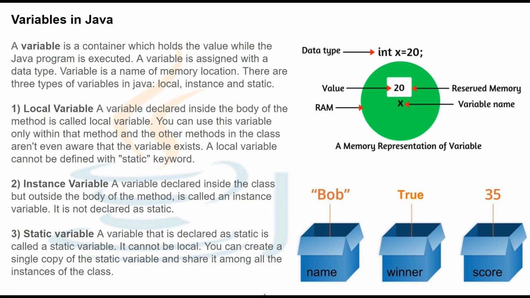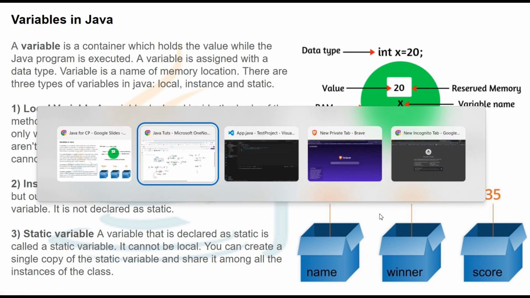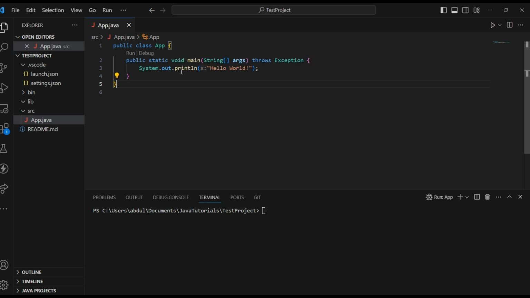And then there is the third type of variable, static variables. The main thing is that they are going to be static for all, and they cannot be local variables. So this is in general what variables are. Let's see how variables work in the programming itself. This was our last program. Now instead of printing hello world, we are going to print some values, let's say area.